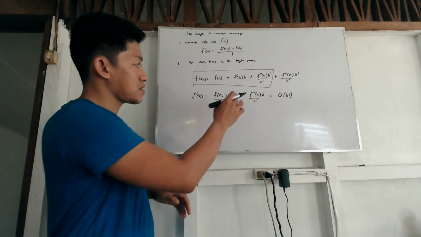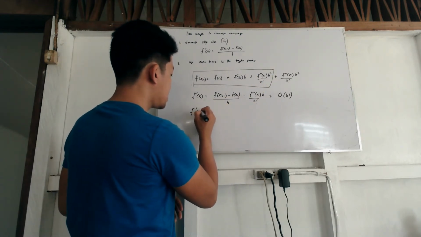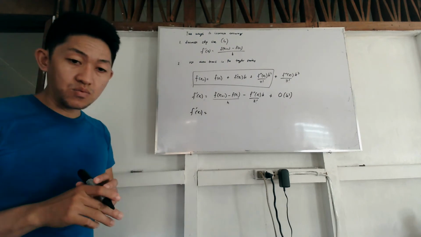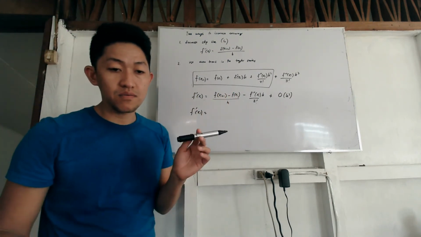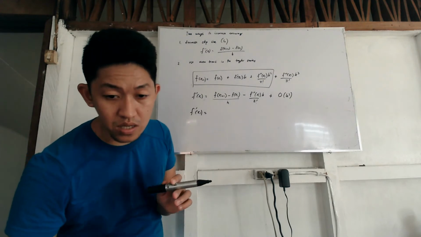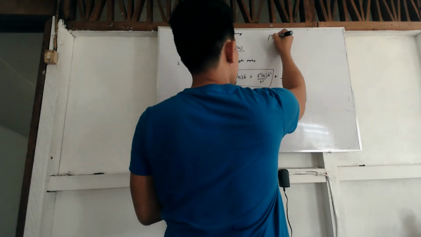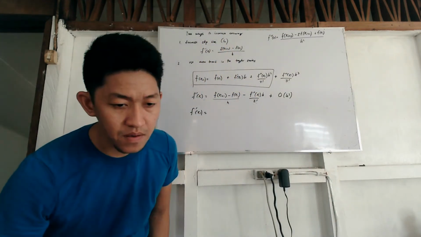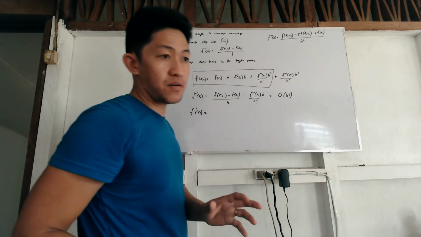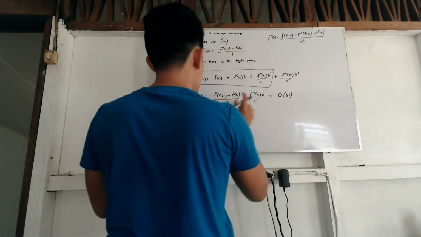So what is the value of this second order term? We will plug in what we derived from our previous discussion. If you recall, the value of the second derivative is this one. So we plug it in.